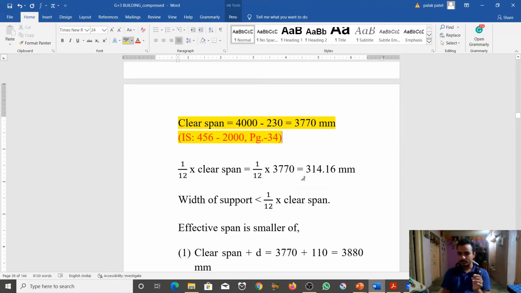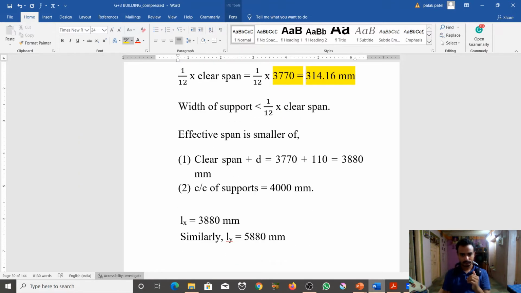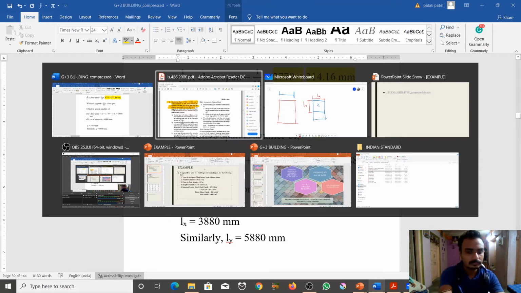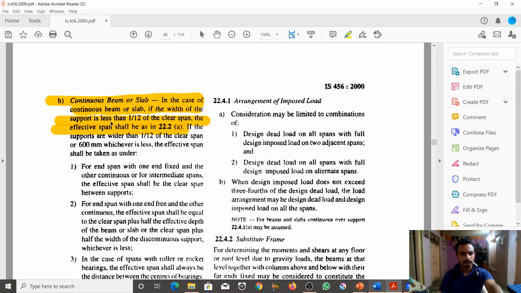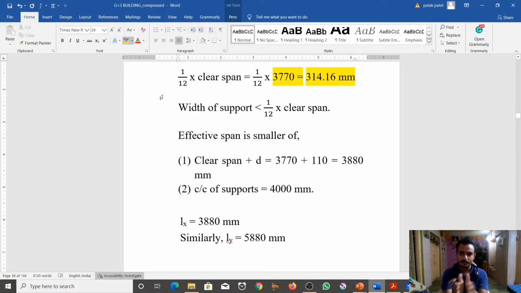Clear span divided by 12, clear span 3770 divided by 12, is 314.16 mm. Okay, this is greater than the width of support. What we need is the lesser: width of support is less than clear span divided by 12.